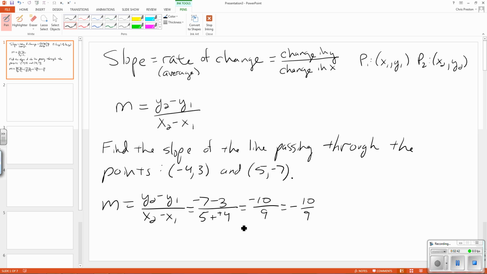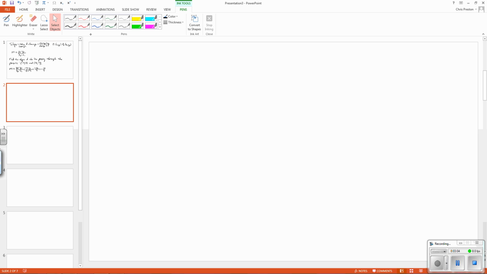That's our slope. It can come out to be a whole number or an integer, or some fraction, whether proper or improper. If you're graphing it, you probably want to use an improper fraction rather than a mixed number, but other than that, it doesn't make any difference. So that's how you calculate slope.